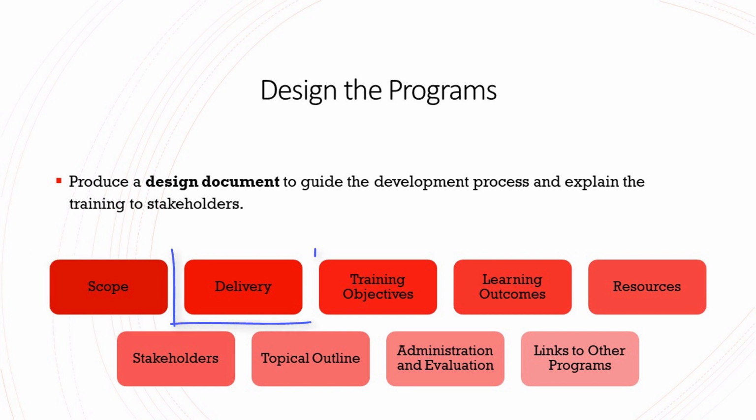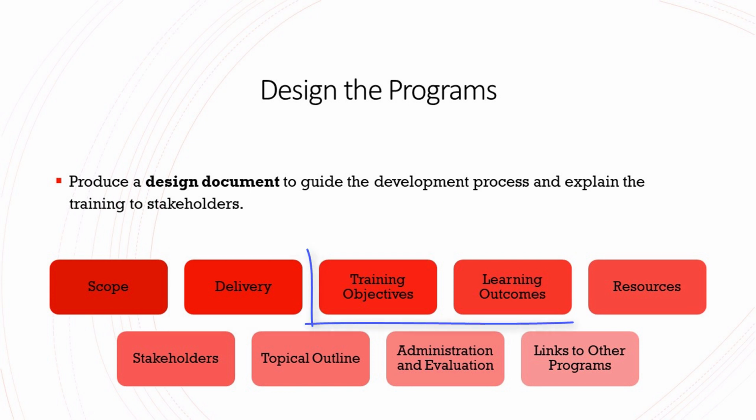This document also explains the delivery of content, including what will be covered, how it will be covered, and how much time will be dedicated to each component, and any special considerations that trainers should make when delivering the instruction.